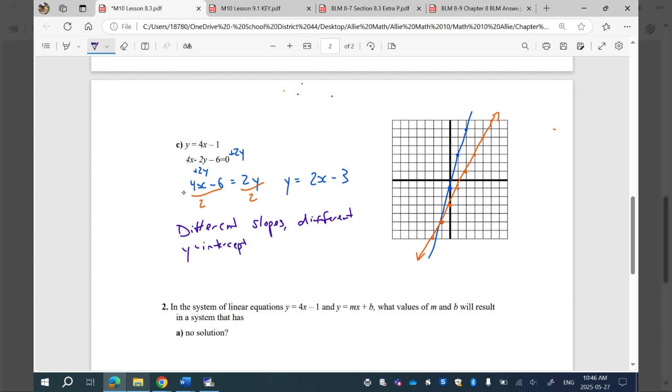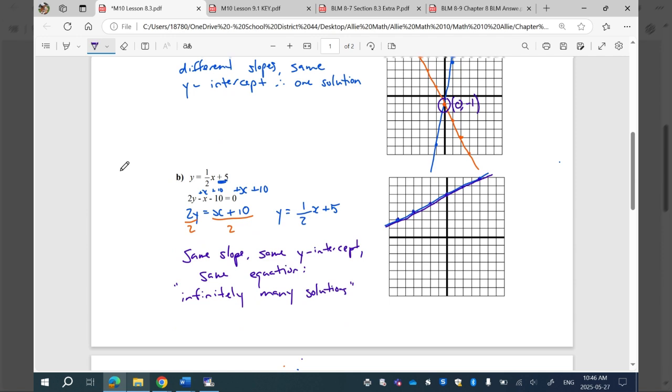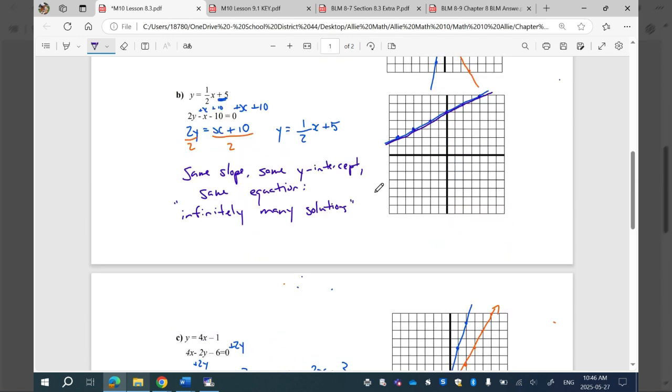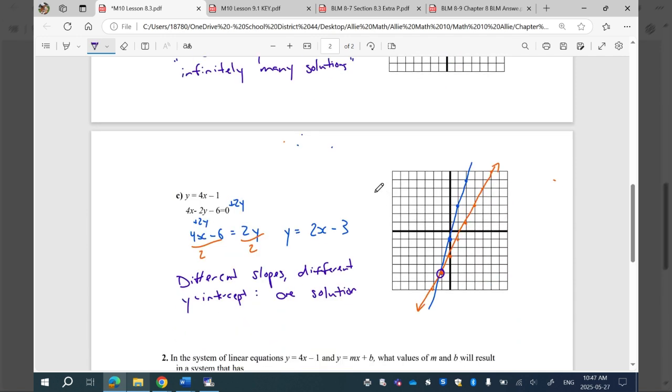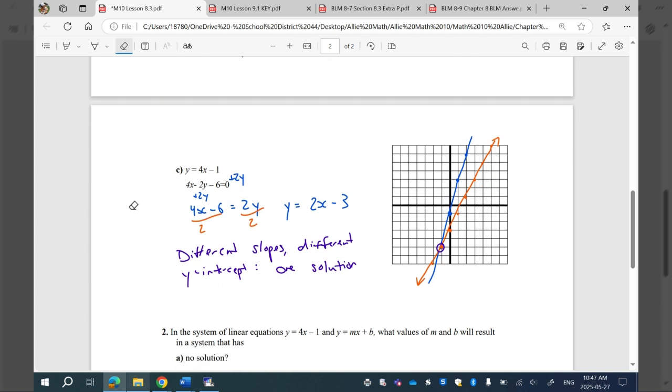So it could be the same, could be different, but we end up with one solution right there. Okay, and I'm surprised we got one solution, not infinitely many. I thought that probably in our notes we should have one that is parallel, and then we would have no solutions, but maybe I'll change the notes.